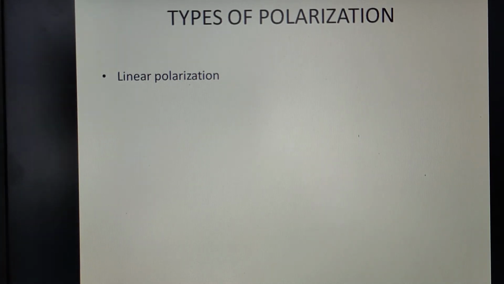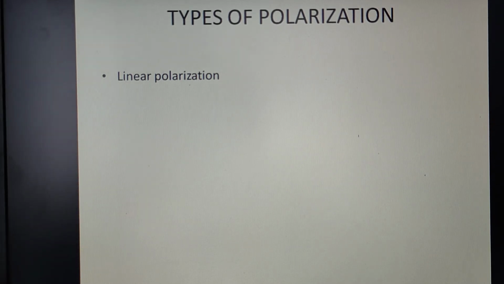So when an ordinary light is reflected from a polarized surface or transmitted through certain materials, the electric field oscillates along a straight line, or in one plane. So the light is said to be linearly polarized.